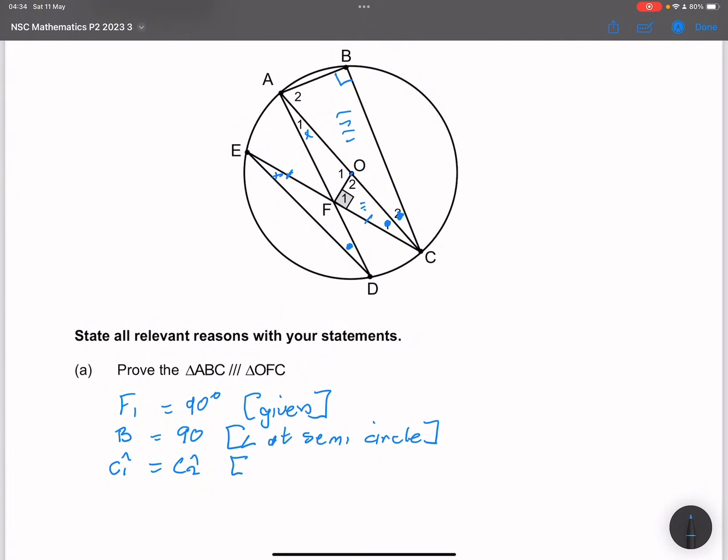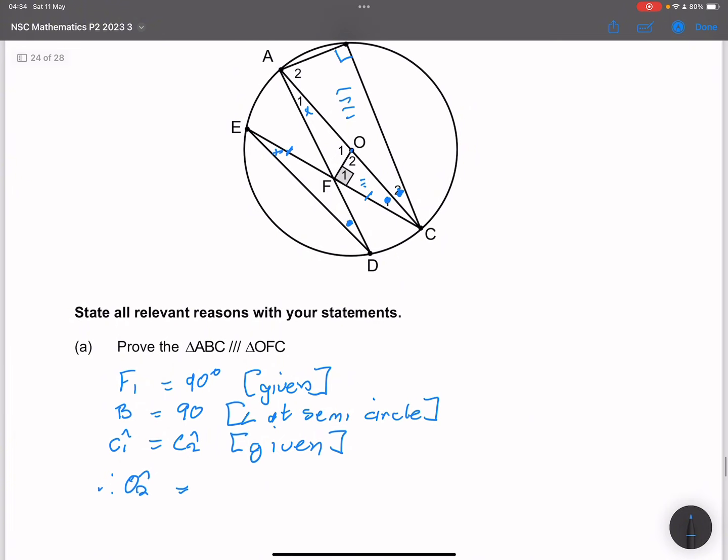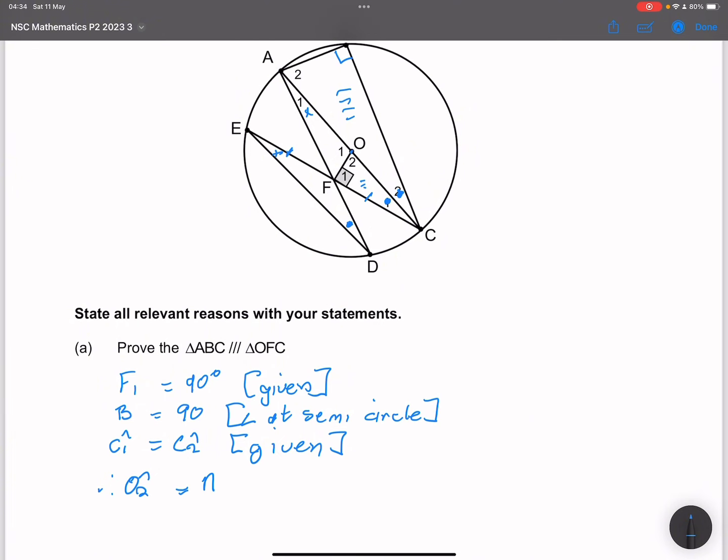Okay, and in fact angle ECB. So in this case, C1 is equal to C2. That was also given to us. So in this case, it would mean that therefore angle O2 would be equal to angle A2. And in that case, that's because it's the third angle on a triangle, right?